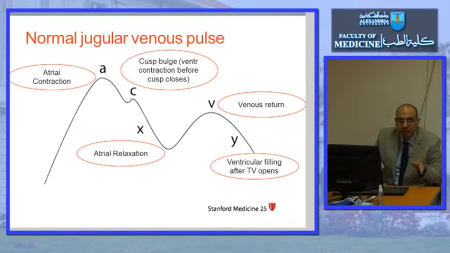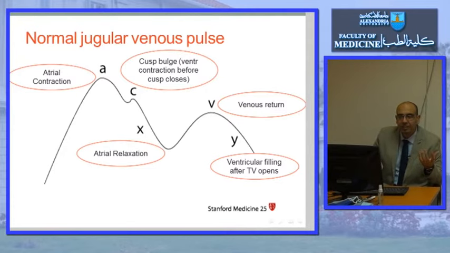Because we are in neck veins examination, we will describe pressure changes in the atrium. So C is tricuspid closure. After the tricuspid is closed, what happens in the atrium? It will relax. So X is atrial relaxation.